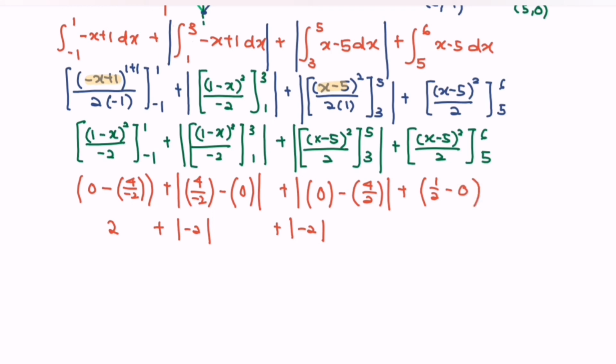So finally, we have 1 over 2. So if we add on the situation, we will have 2 plus 2 plus 2, 6 plus with 1 over 2. So finally, we will obtain 13 over 2 unit square.